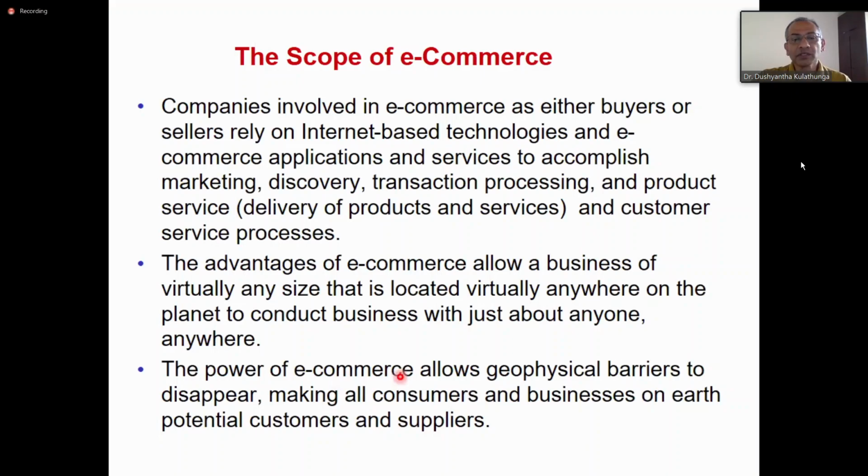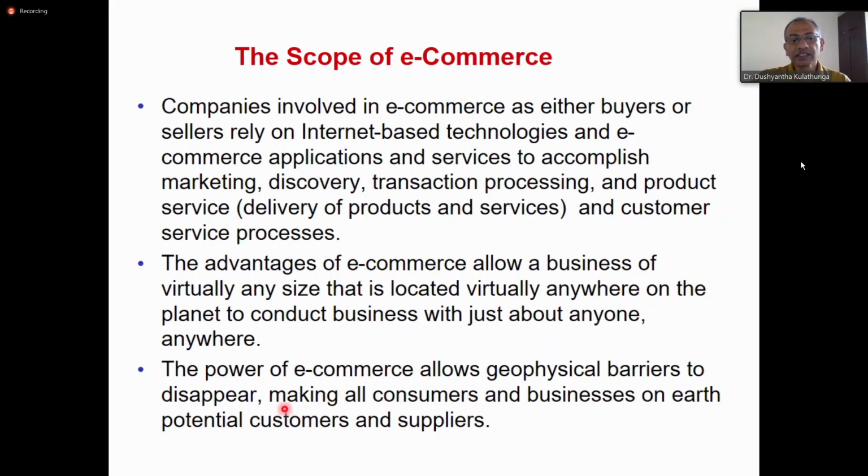But today organizations find it easier to reach customers in different markets with the help of these internet technologies, and they are in a position to break the geophysical barriers and reach customers in other markets very easily. So the customers on the planet can become potential customers.